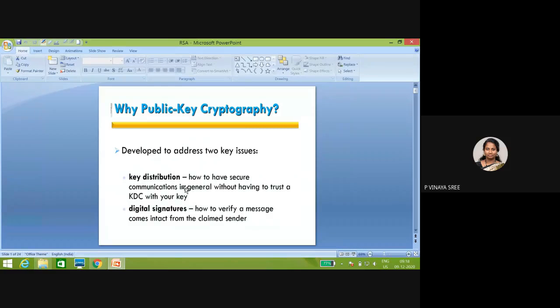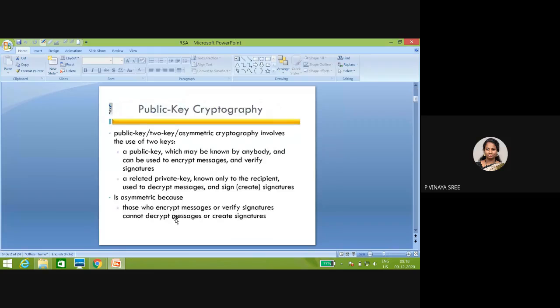The next one is digital signature. The receiving person will not have any idea whether the received message is from a properly authorized person. So digital signature is a problem in symmetric key cryptography. To overcome that, we went for public key cryptography.